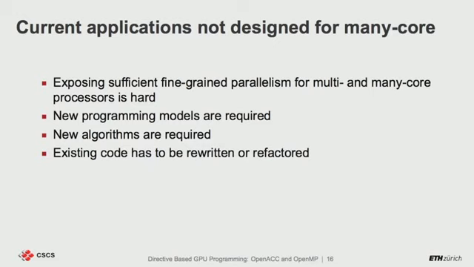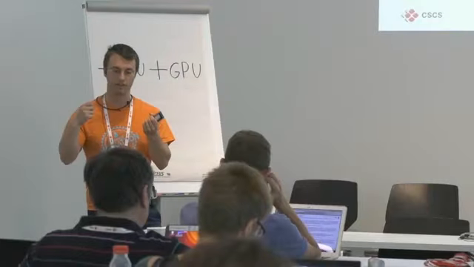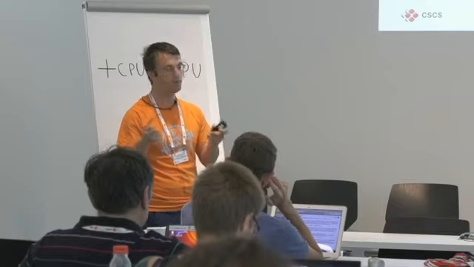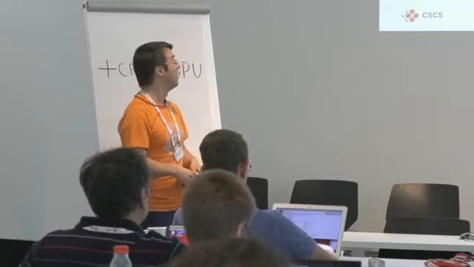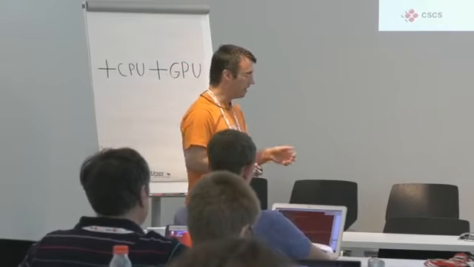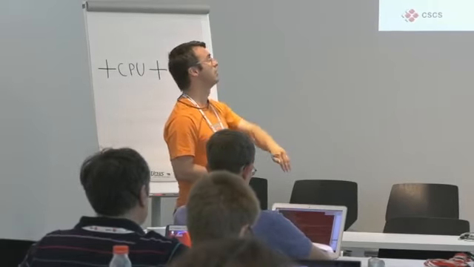Suddenly the applications are not prepared for this on-core parallelism, and there are several dimensions to this. First of all, we should start thinking a bit differently. We should start thinking about extracting parallelism from the application. We should start thinking in parallel somehow, and we should design our applications as such.